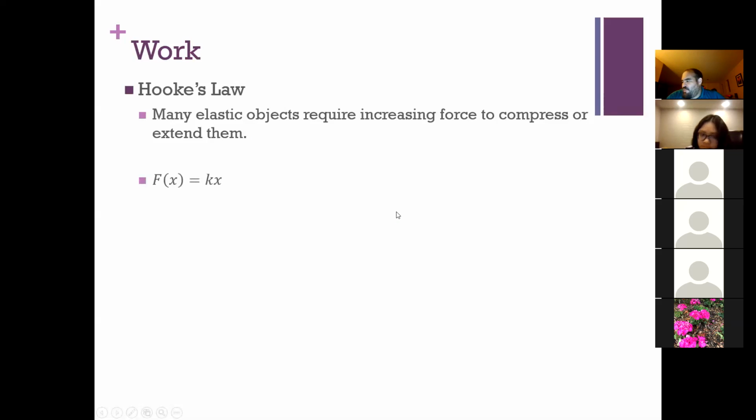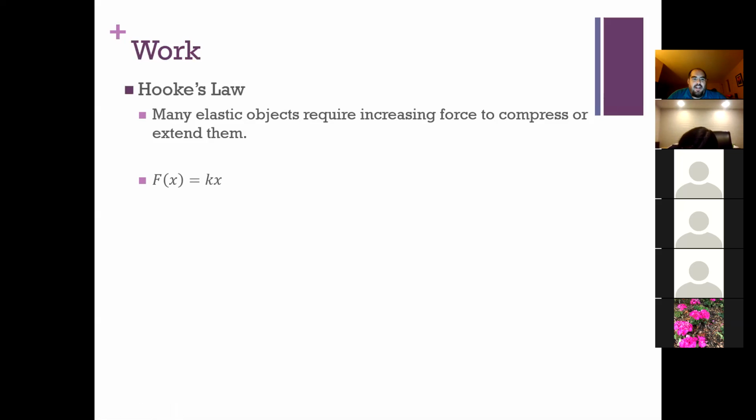What Hooke's law says is that the force on a spring is proportional to the length that you compress it or extend it.